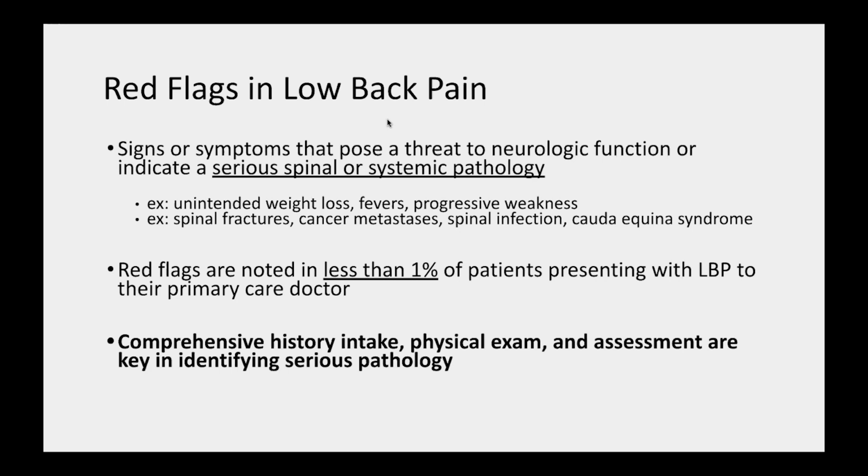Examples of these serious pathologies that we're looking out for can include spinal fractures, cancer metastases, meaning spread of cancer within the spine, in our case, spinal infections, and cauda equina syndrome.